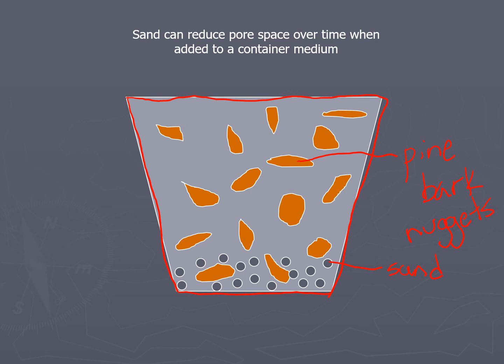So sand isn't useful in providing aeration and drainage. In fact, the opposite is more likely to occur. Really about the only thing sand is good for is adding some weight to the container medium. But you always want to use a coarse sand. The coarser the sand, the better.